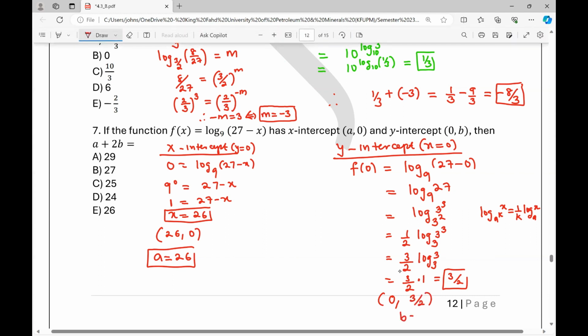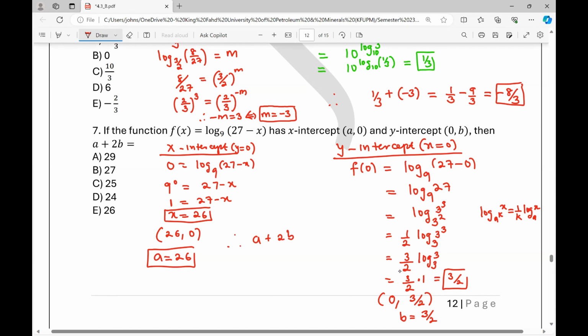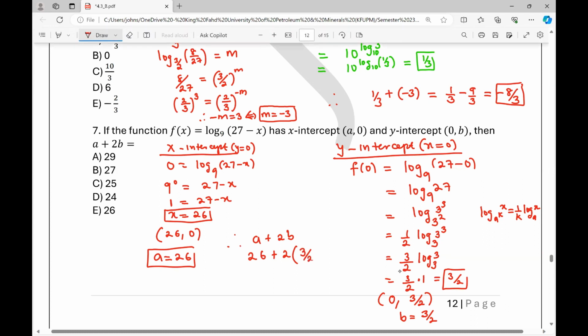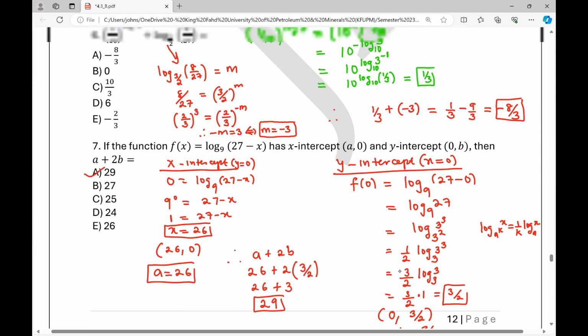So the b is actually 3 over 2. And then to finish, we have that a plus 2b, a is given to be 26, plus 2 times b, which is 3 over 2. So you'll have 26 plus 3, and this is 29. So the answer is A as well.